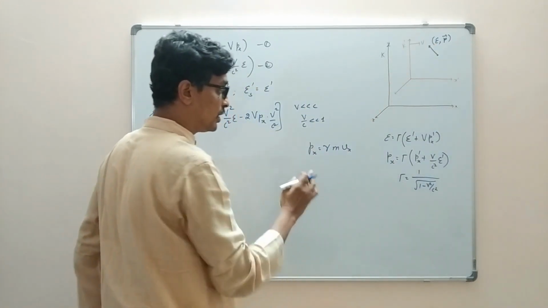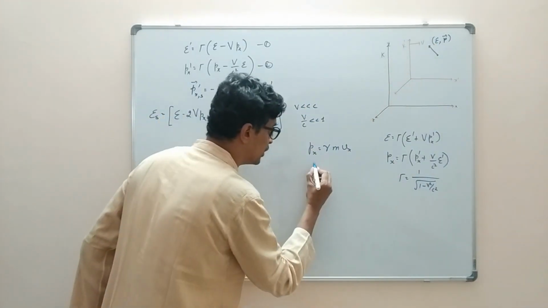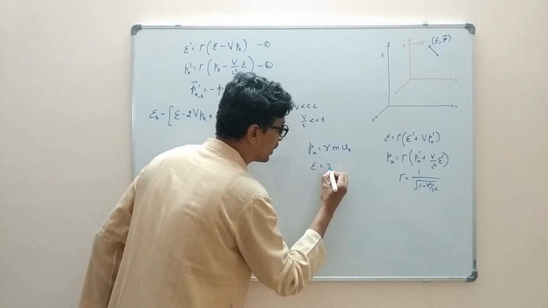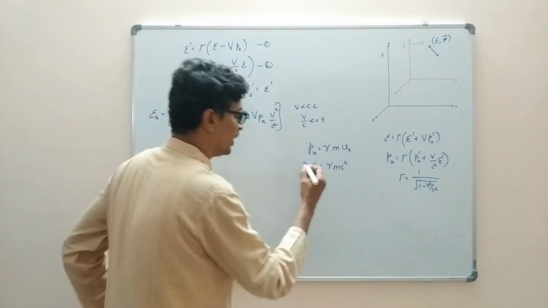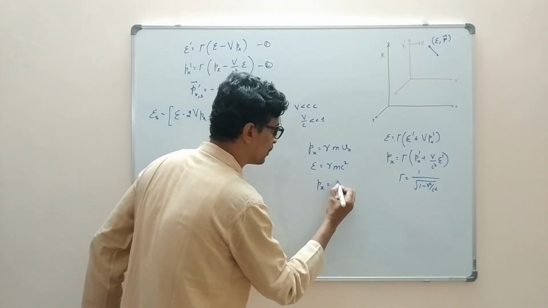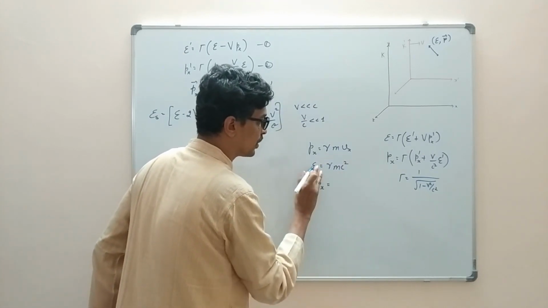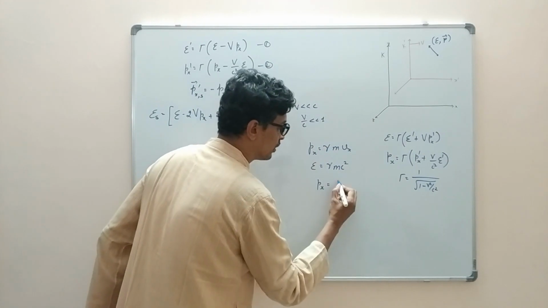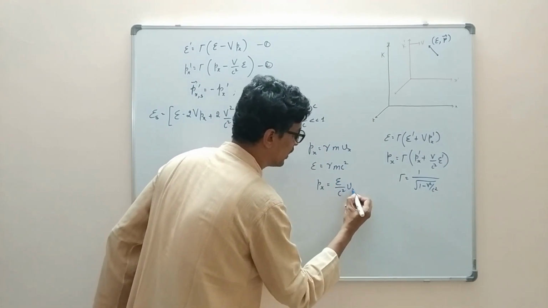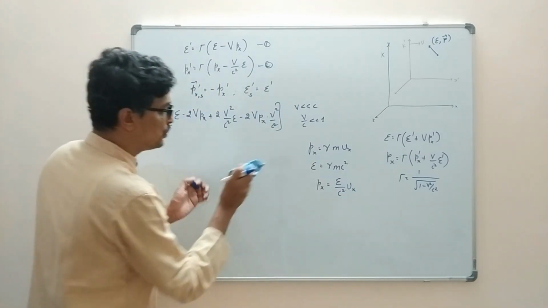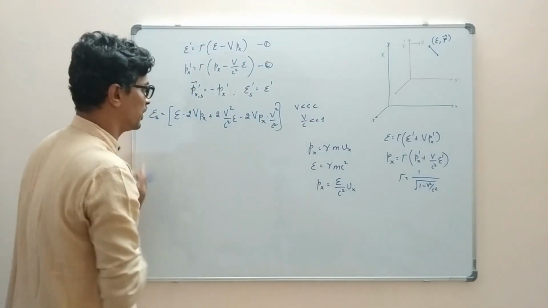And the energy E, we know, is equal to gamma m c square. So combining them both, I can always write my P of x is equal to, so gamma m is equal to epsilon by C square. Substituting here, we are going to get epsilon, the energy, by C square into V of x. So I am going to use this P of x everywhere here.